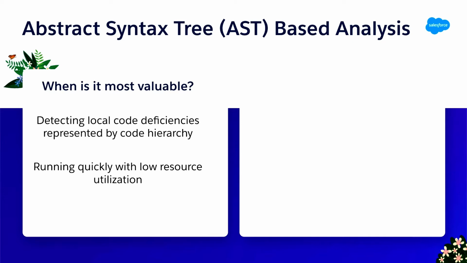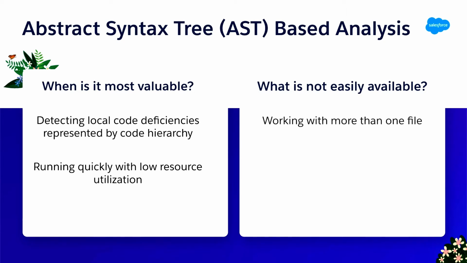However, there are some coding issues that are not necessarily best solvable by AST-based analysis. I can give you some examples. Anytime you're looking at interaction between multiple classes, and each of these classes are represented by separate files, it's not intuitive to use AST-based analysis to solve this.